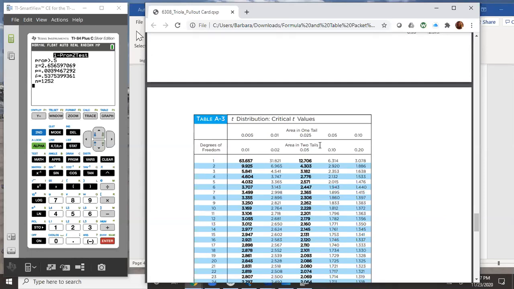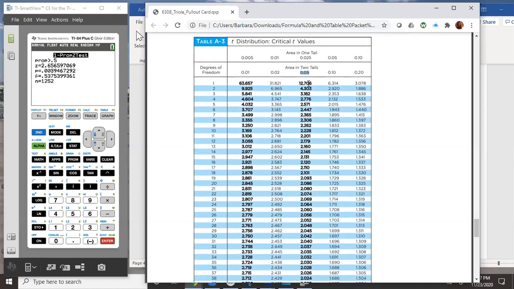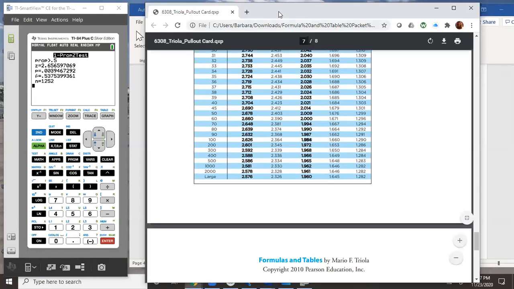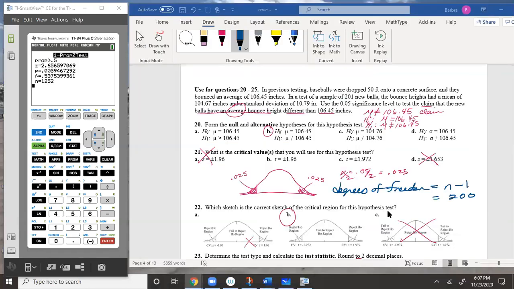So since this is a two-tailed test, it's not even asking us to think about it. We just use the area of 0.05 in both tails. And using the degrees of freedom of 100, the t-score is 1.984.